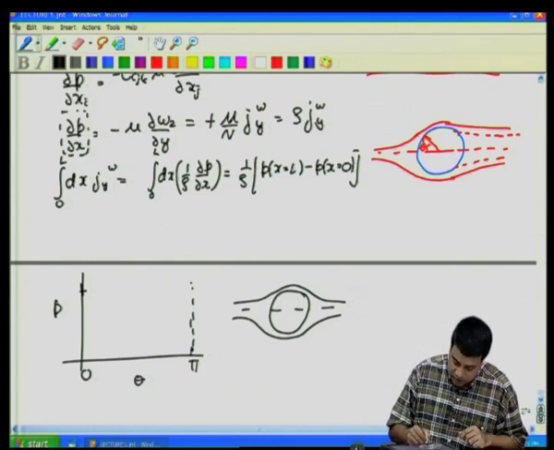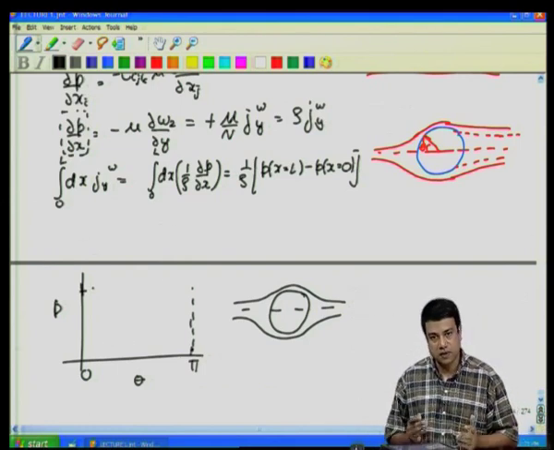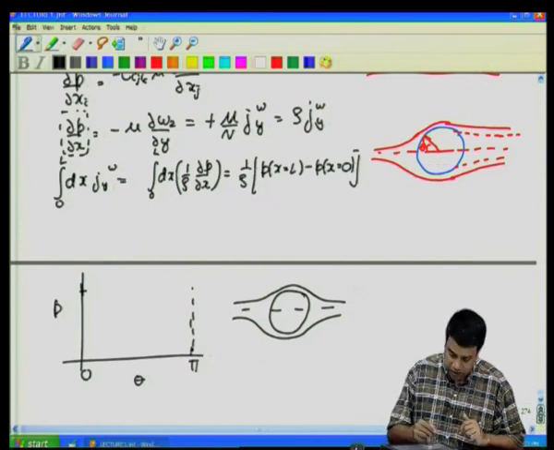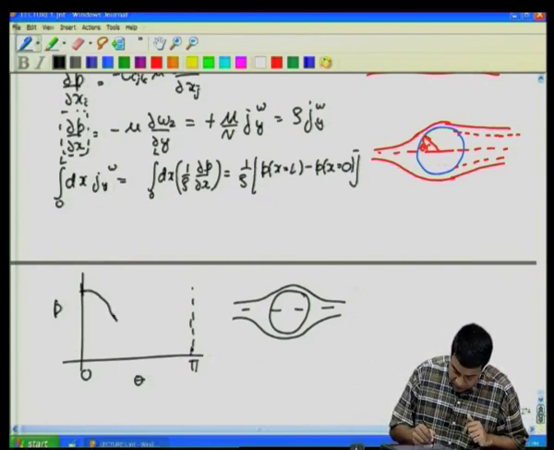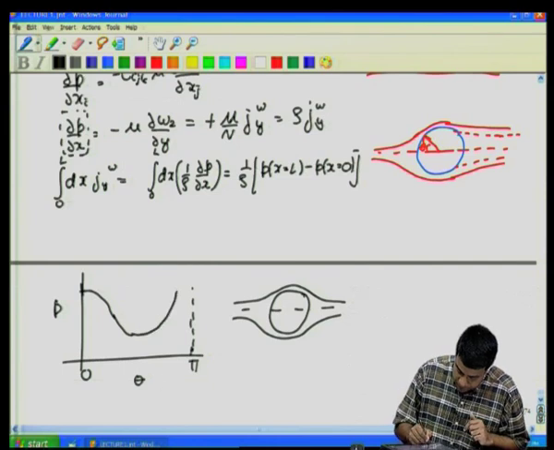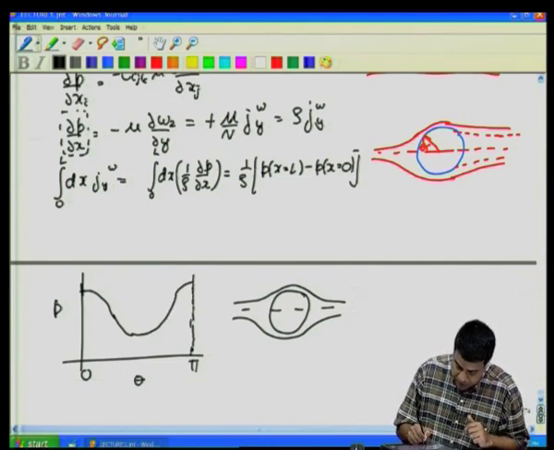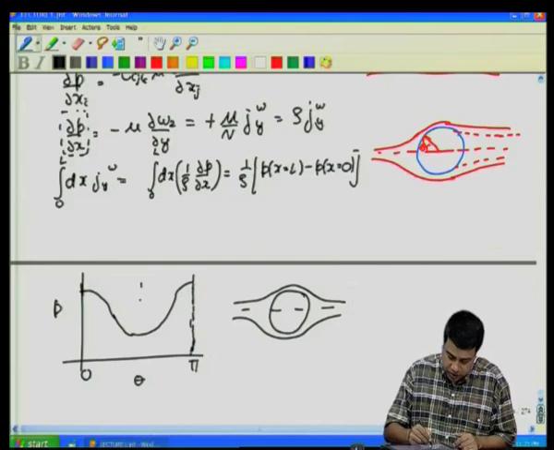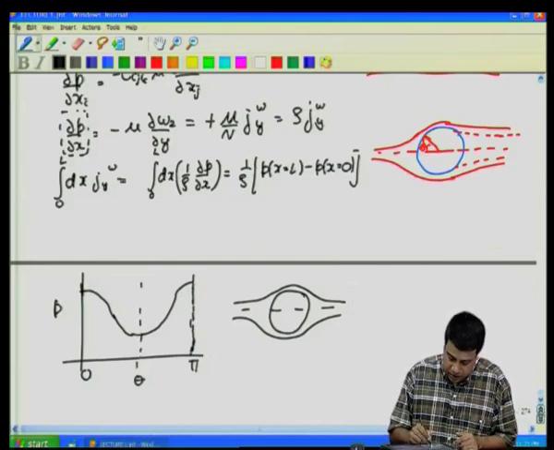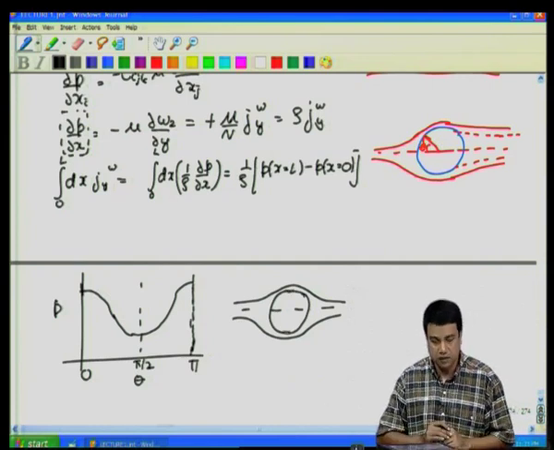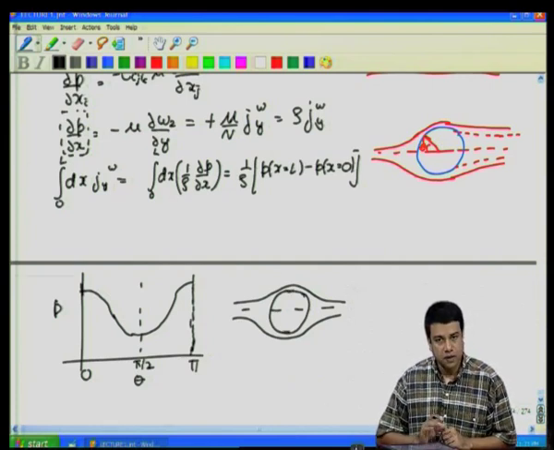That means the pressure has to be large on both sides because the velocity is 0 at the stagnation points, and it comes down in a symmetric manner in between. This axis of symmetry corresponds to pi by 2, which is the top and the bottom of the cylinder. This is what the potential flow solution predicts.